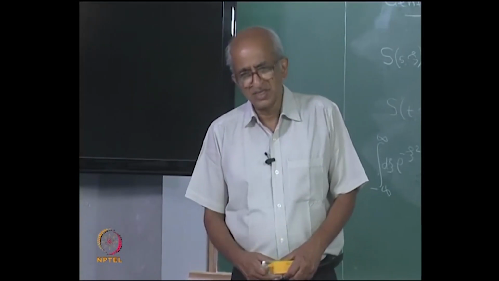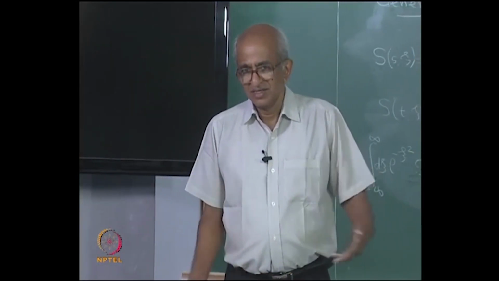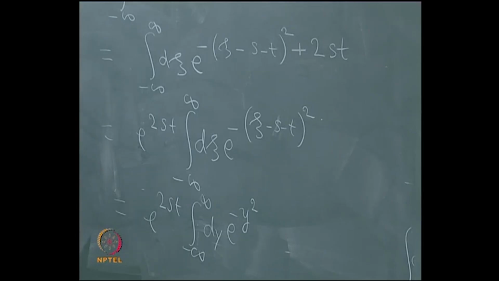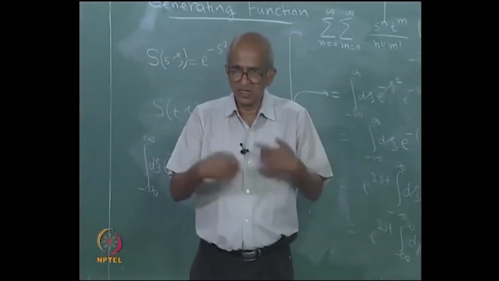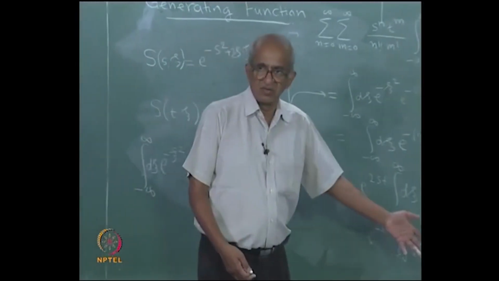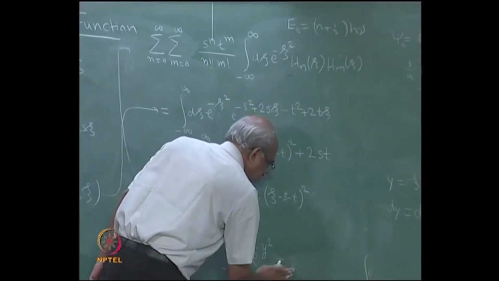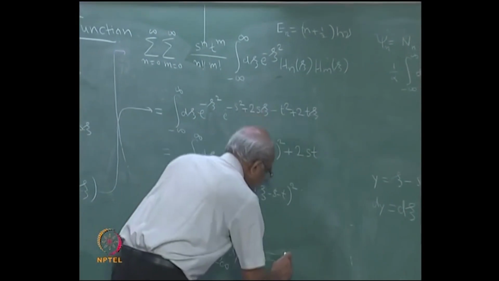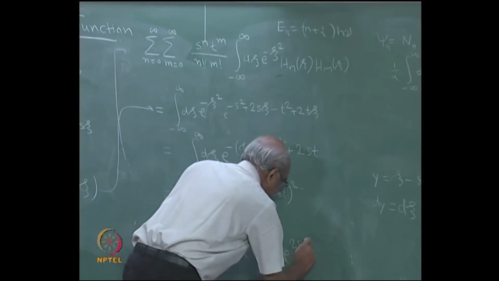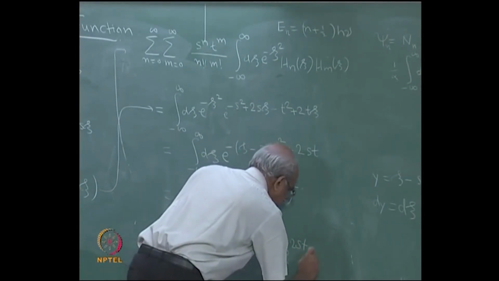I should not say very easy, because it is not very straightforward to evaluate, but because this is a very well known integral, I tend to say that it is very easy, and the answer is actually square root of pi. So, you get the integral to be e to the power of 2st times square root of pi.